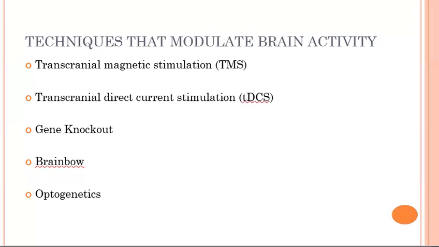Now, Brainbow is another innovative transgenic technique. Transgenic means transferring genes from one organism to another, that inserts genetic material to label individual neurons with distinct colors and produce detailed neural maps. In Brainbow, green fluorescent protein, a protein found in jellyfish and corals that exhibits bright green fluorescence, is generally genetically modified to produce different colors.